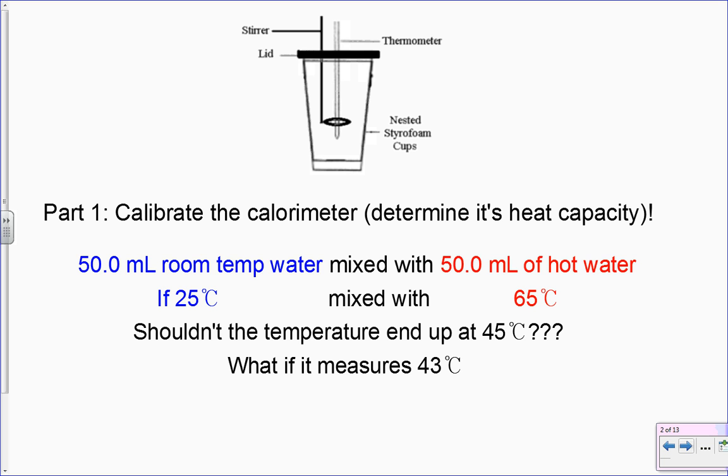Now, finding the heat capacity of the calorimeter is really why we're doing part one of the lab. You're going to calibrate your calorimeter, determine its heat capacity. The basic idea here is, let me walk this down, so let me back out a second here.